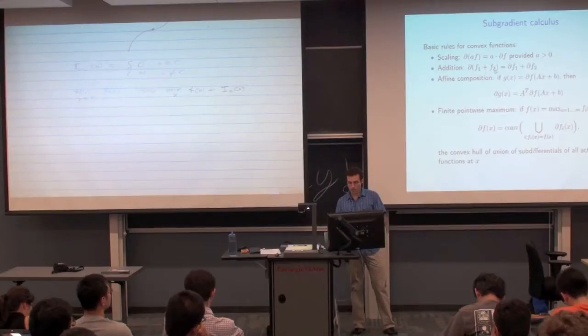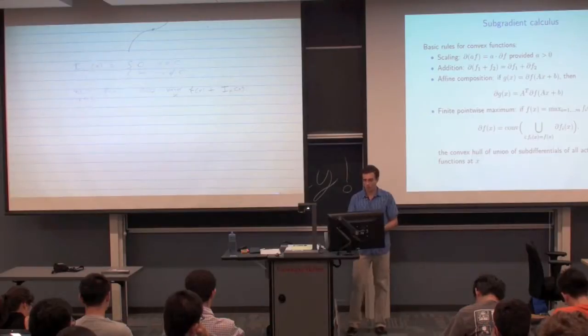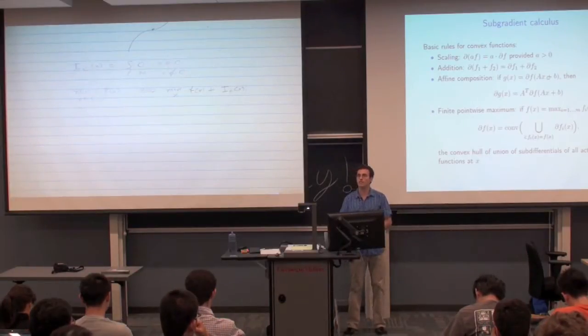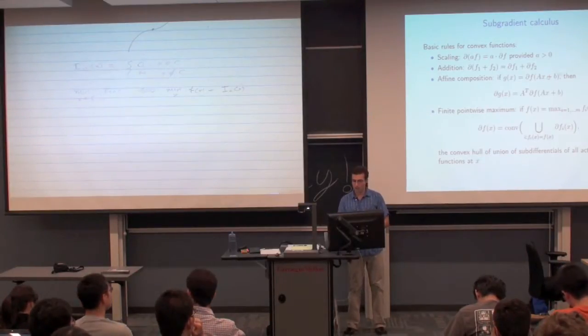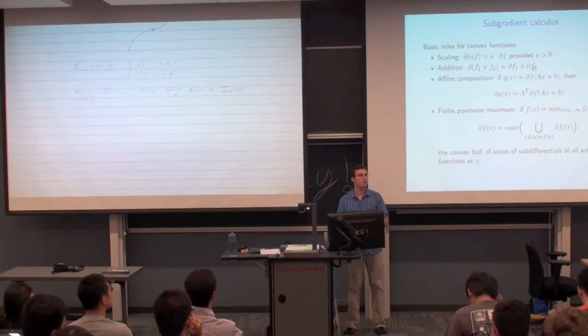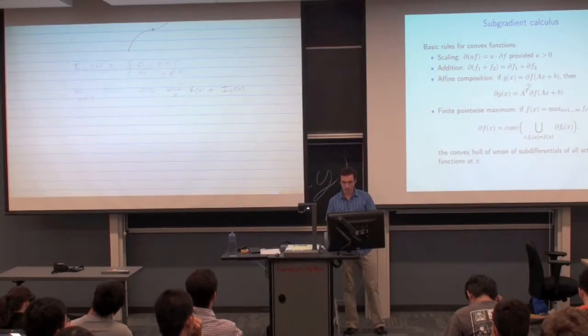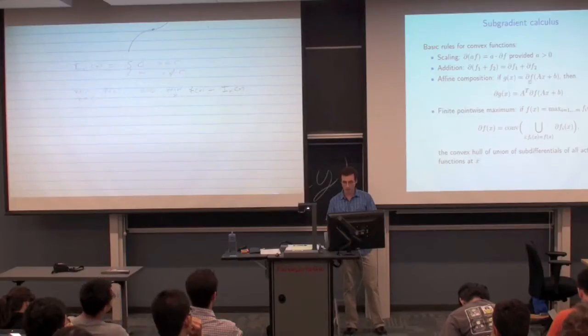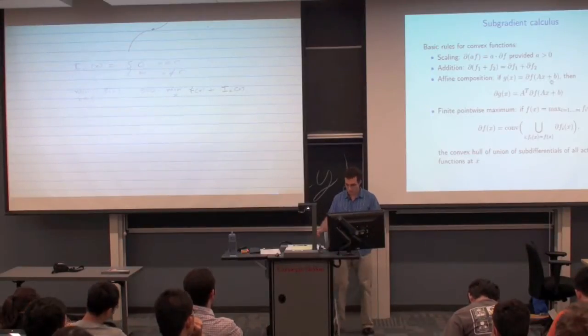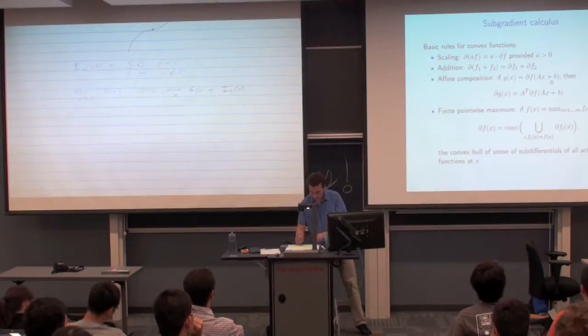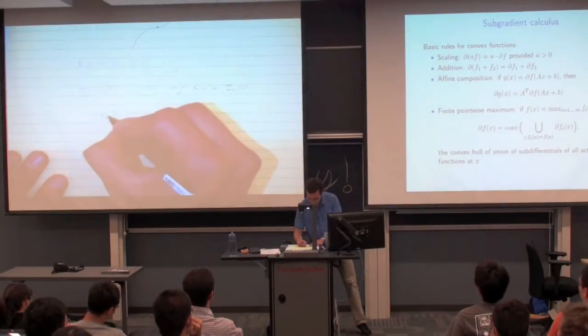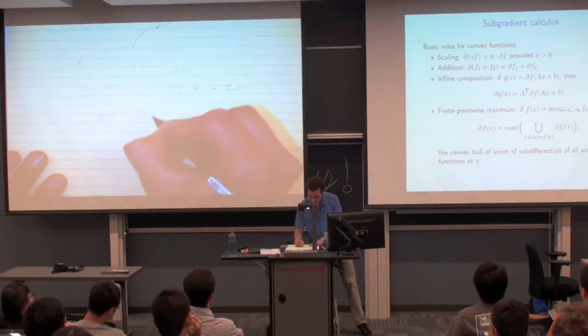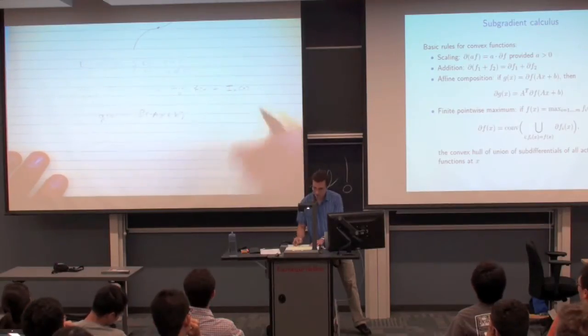Addition: if I have f1 plus f2, the subgradients of that new function is just the sum of the subgradients. So these two are sets. I mean that I take any element in this set and I add any element in that set and it gives me a subgradient. How about affine composition? What if I take a new function g that's defined by f composed with some affine function? I'm sorry, that's a typo. This should be g of x equals f of Ax plus b.